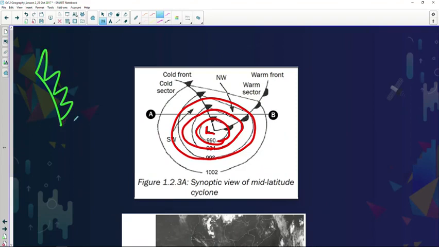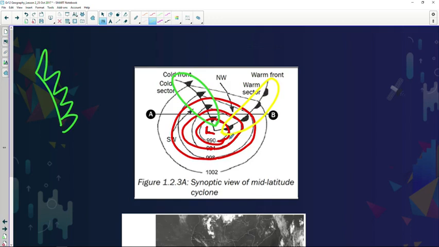But very importantly, if you think mid-latitude cyclones, immediately what needs to come up in your head? The system moves from west to east. It moves in the westerly wind belt, that's the reason why it moves like that. And it consists of two fronts: the cold front, as you can see over there, and the warm front situated over there.